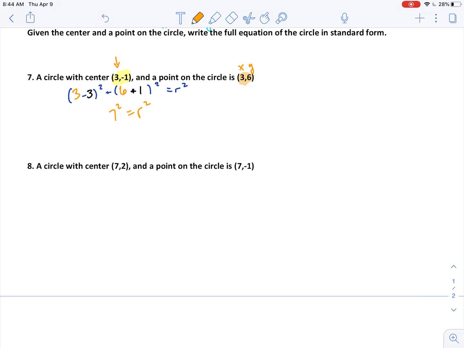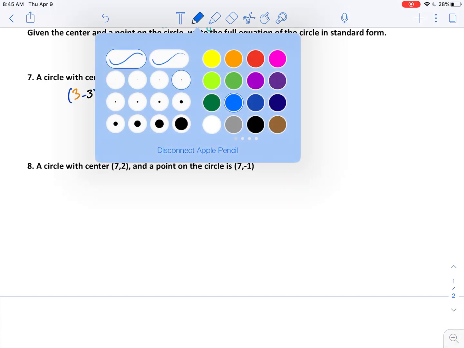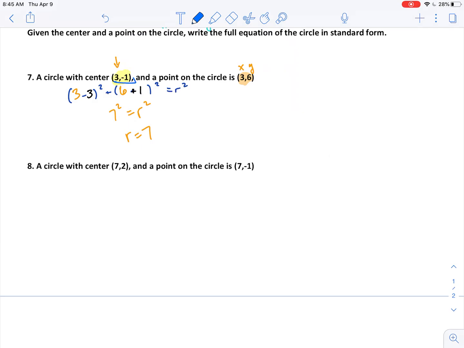Plus 6 plus 1 is 7 squared, equals r squared. And 0 squared is just 0, so we don't need to worry about that. So 7 squared equals r squared, or r equals 7. So that's how we would find the radius.